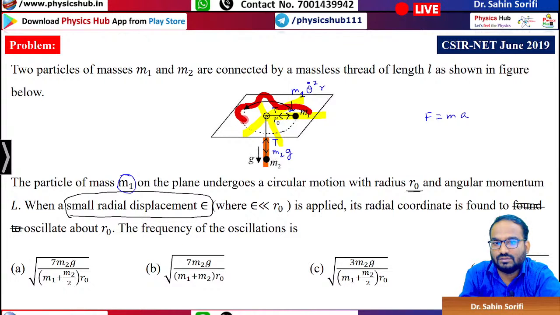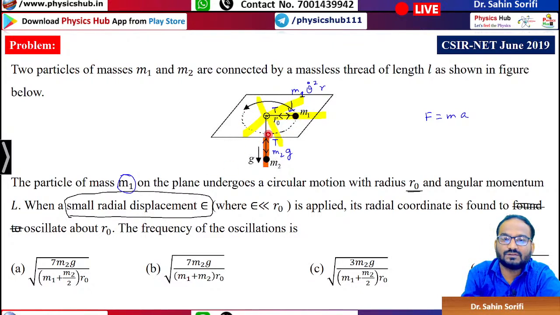Try to imagine, because this string is fixed. If you just give a displacement, this M2 mass will try to make a balance and it will oscillate about this stable radius. If it is a small radial displacement, then it will oscillate in this way, you can see.